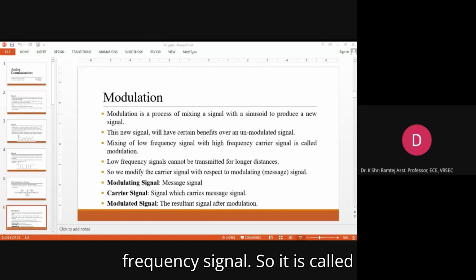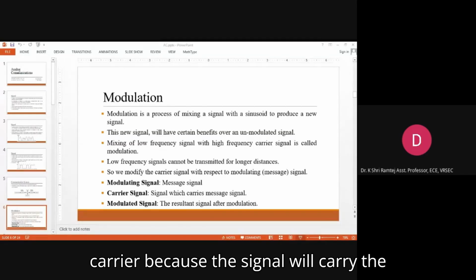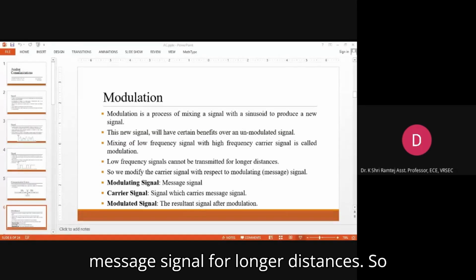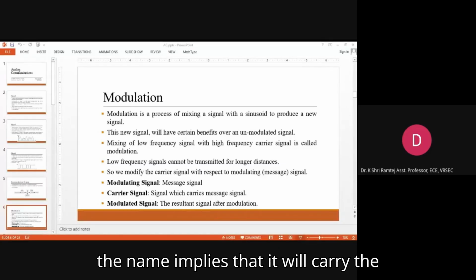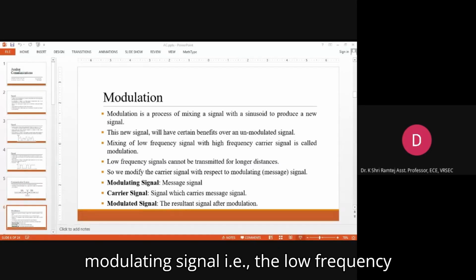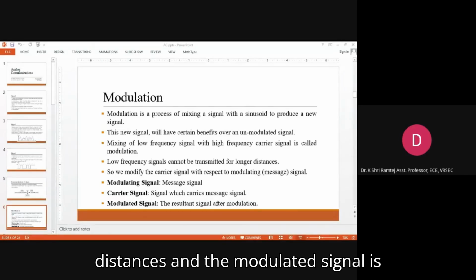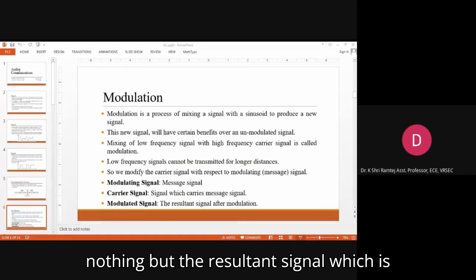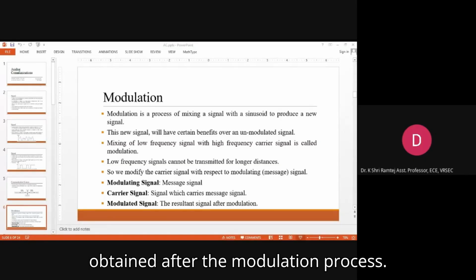It is called the carrier because the signal will carry the message signal for longer distances. The name implies that it will carry the low frequency modulating or message signal for longer distances. And the modulated signal is nothing but the resultant signal which is obtained after the modulation process.